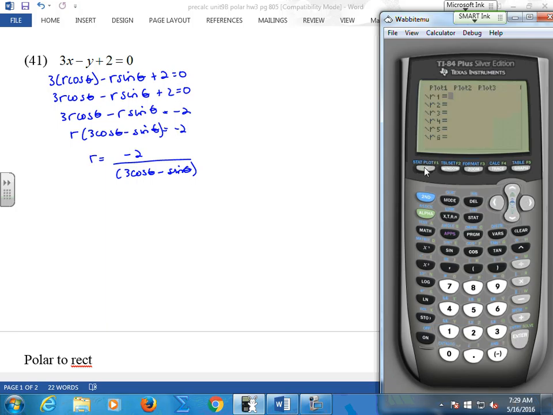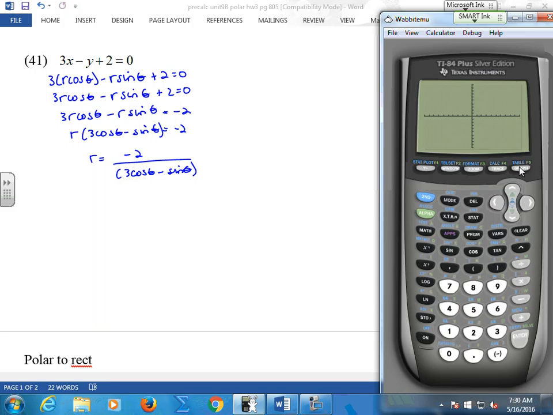Let's put this in your r equals. I don't even know if I should attempt this calculator today. Looks a little bit better than yesterday. So let's see this first.